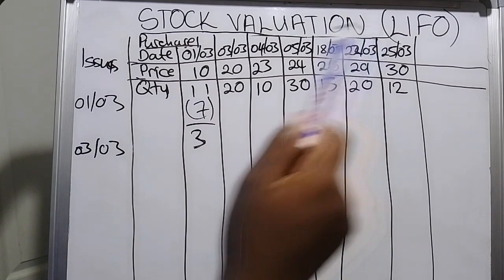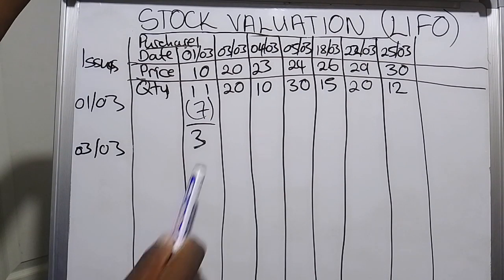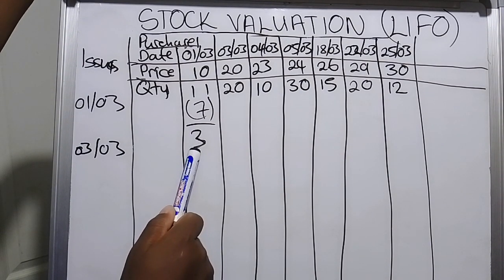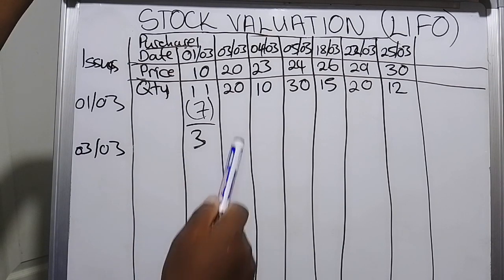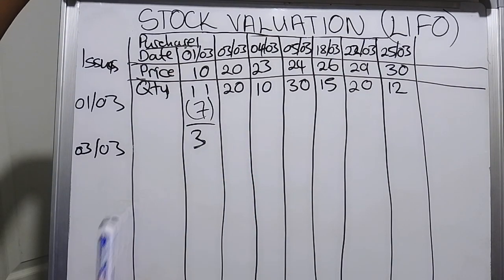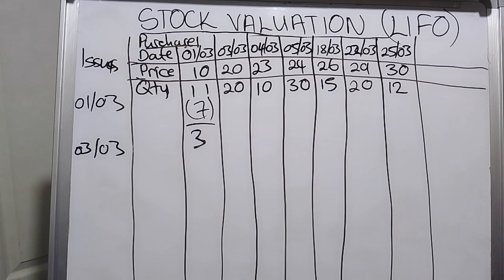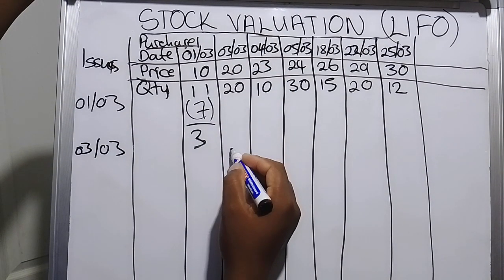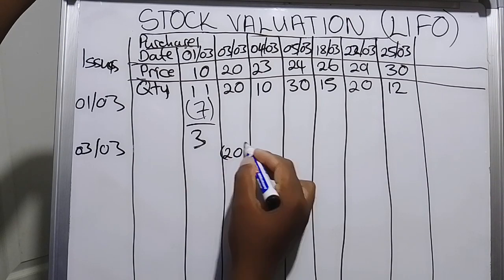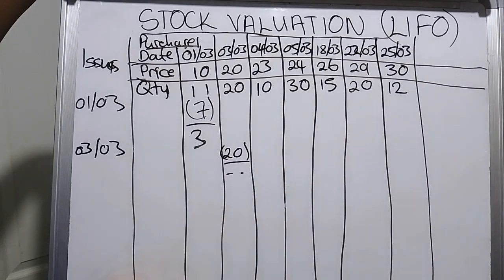So in the last in, first out method, we will ignore this stock that we bought on the 1st of March and go to the stock which was last in, the more recent stock which we had on the 3rd, and we will reduce 20 from there and we remain with nothing.